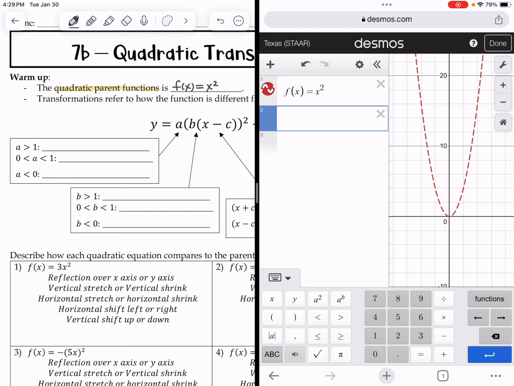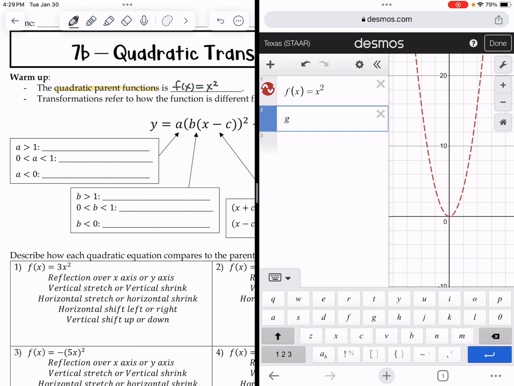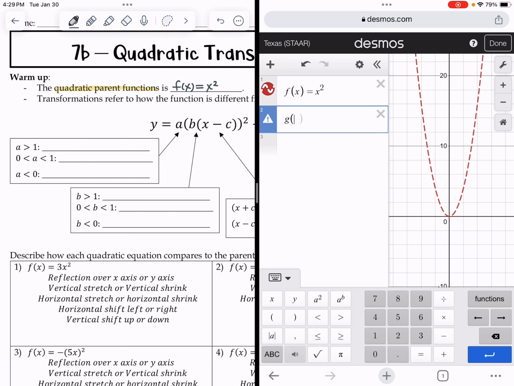If my new function, we'll call it g of x, is the x squared with a 2 multiplied, so 2x squared, or let's do something more dramatic. Let's do a 3.